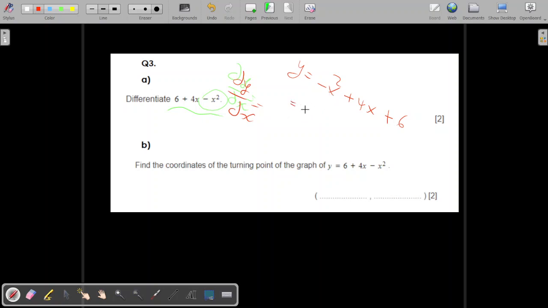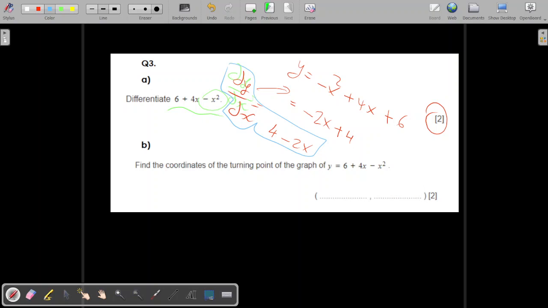Now the first term is going to be minus 2x, and the second term is going to be plus 4. So your derived function now is going to be equal to 4 minus 2x. This is my advice. Rearrange the equation and do it as you want. This is what you get the 2 marks for, telling me that delta y per delta x is equal to 4 minus 2x.